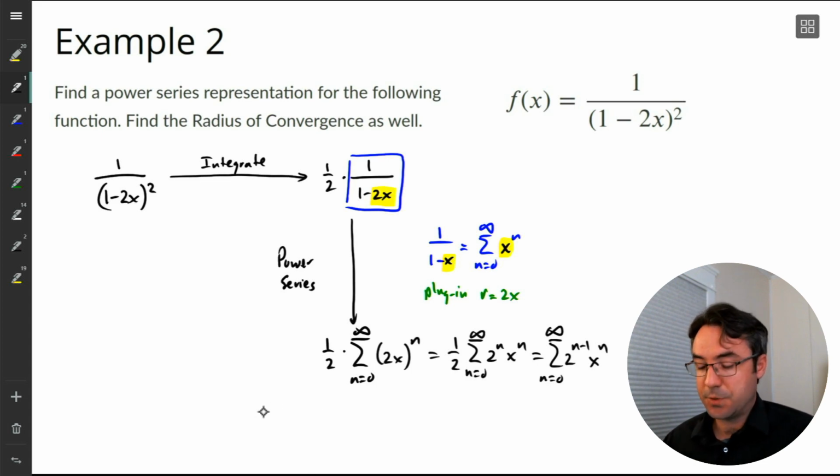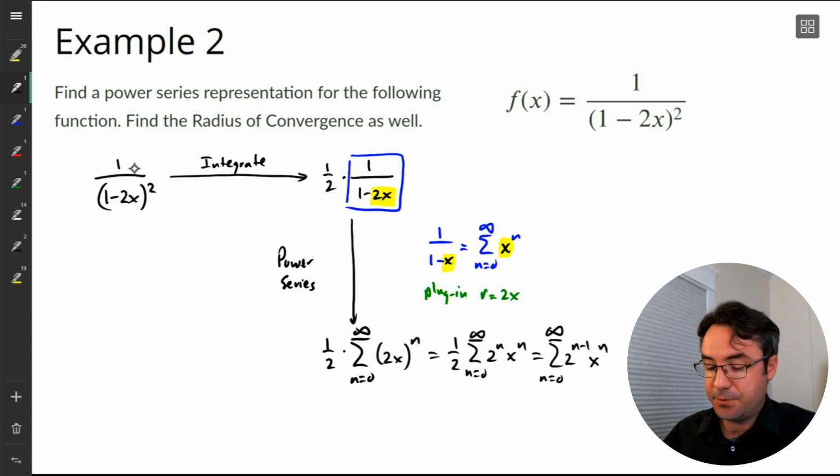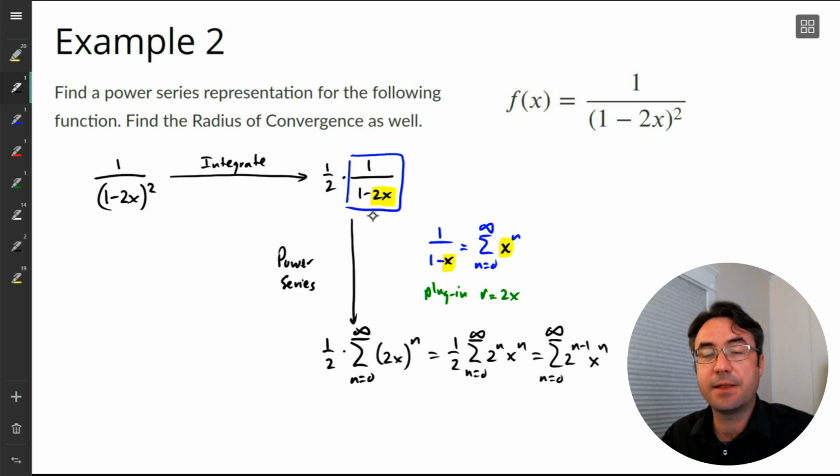All right, so what we've done is we started with our function. This was the function we're interested in. We integrated it to get something that's more recognizable for our general form here. We were able to find a power series representation for this. That's great, but it really doesn't answer the question.